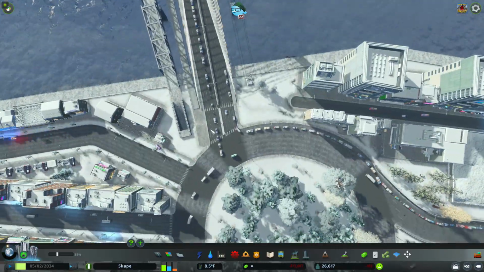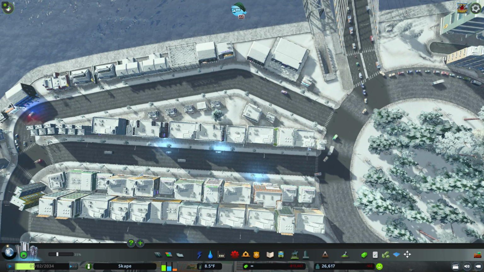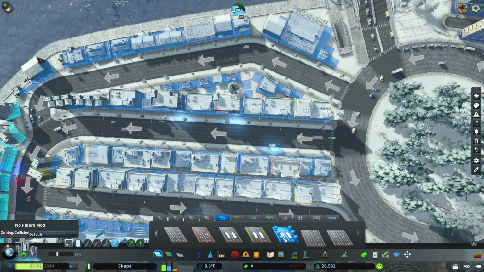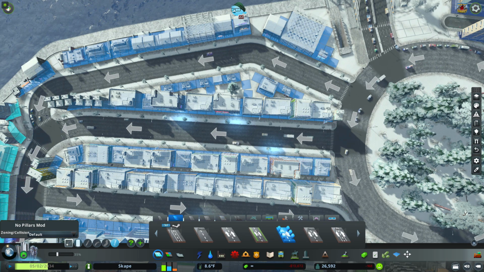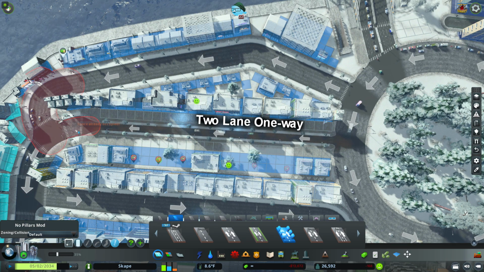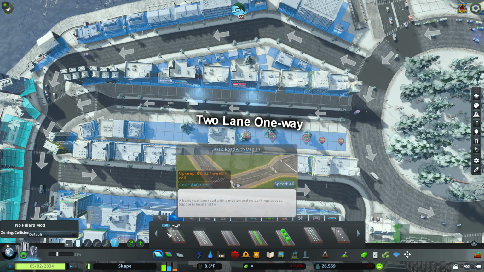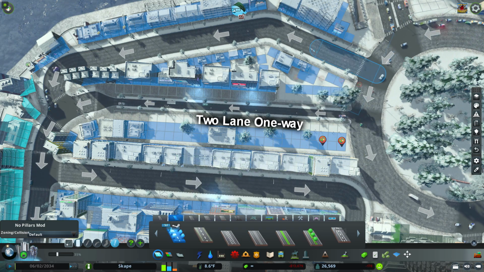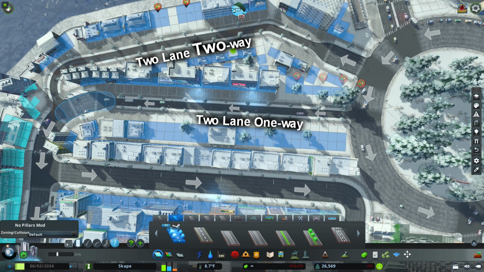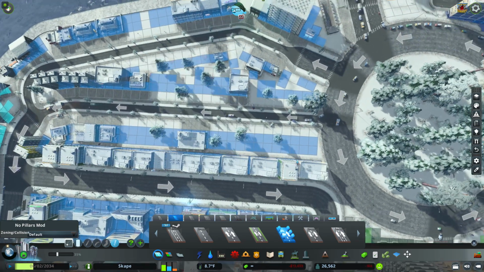So what did I say I was going to do? I was going to change this to a smaller lane street and then disconnect this one. So it's a smaller lane street. And disconnect this so it has to be a 2-way. Will you give me the 1-way now? Thank you.